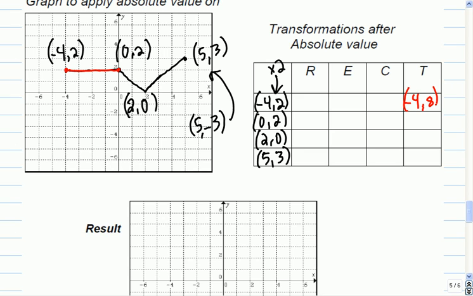Sorry, that should be a 4. And 0, 4. 2, 0. And 5, 6.